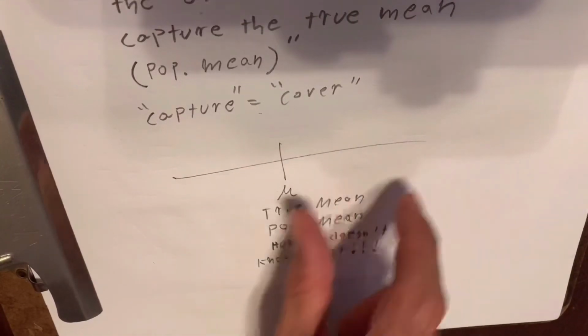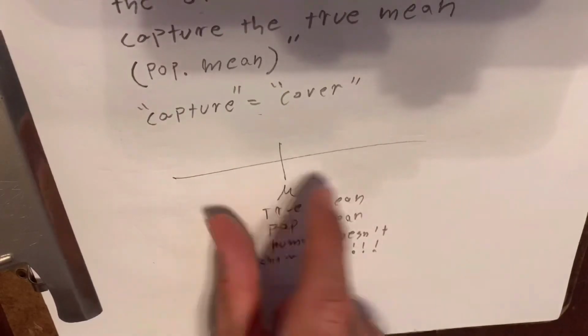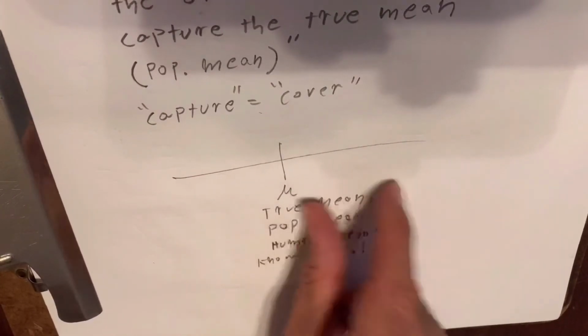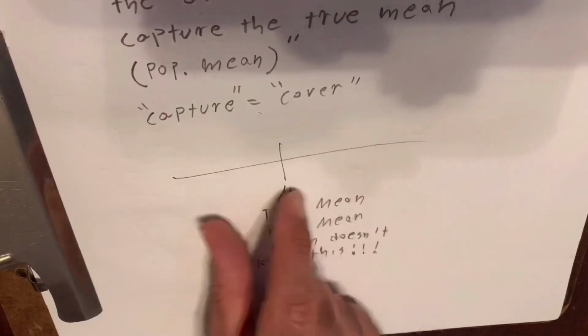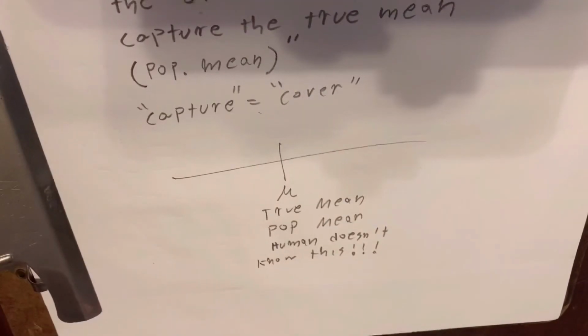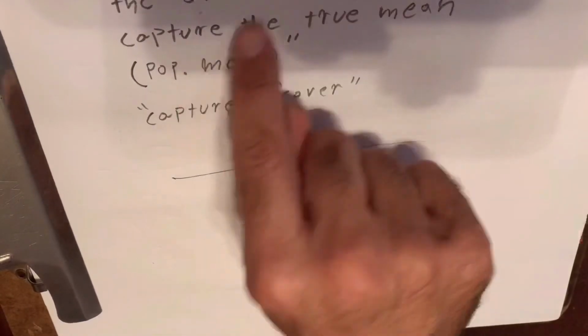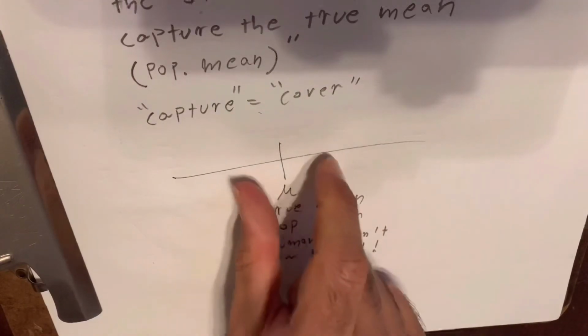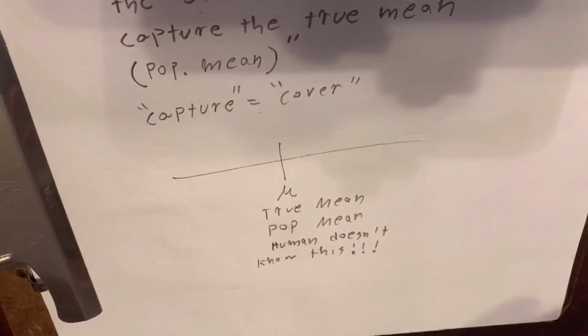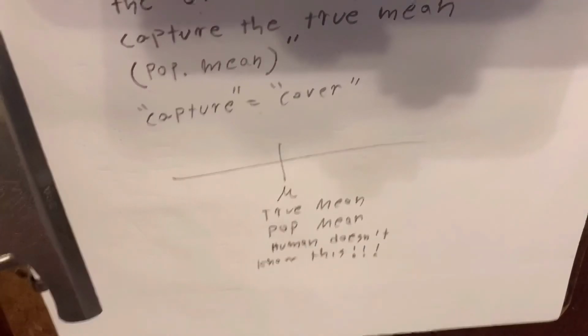So as we replicate our experiments, this confidence interval is going to change. It's going to change its width probably. It's going to change its center. But 95% of the time, this confidence interval will capture or cover, you could use the word cover if you want, the true population mean.